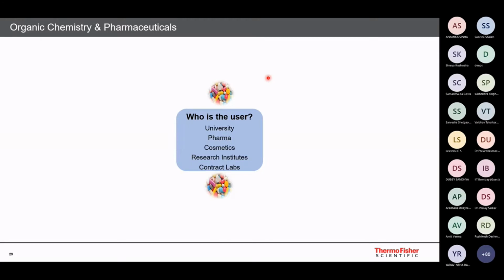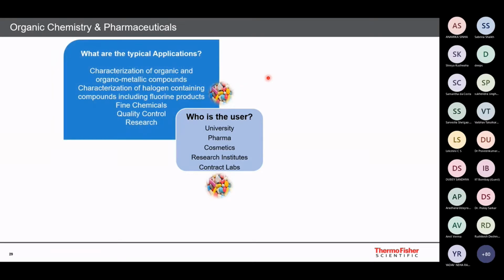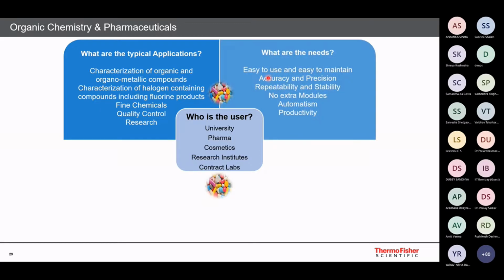Then sometimes cosmetic divisions, food industries, contract labs, and most of the time environmental or chemical companies use it. So it is mainly used for characterization of organic and organometallic compounds. Similarly fine chemicals and research institutes.